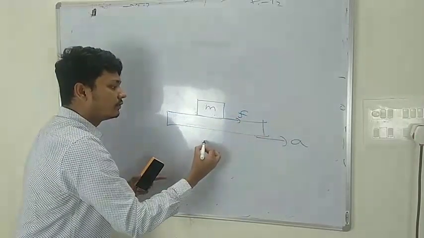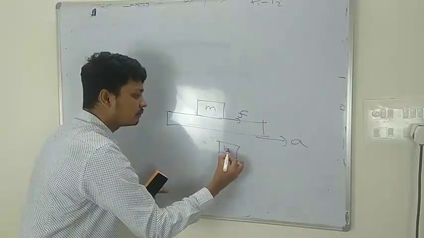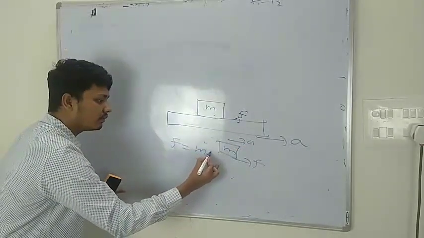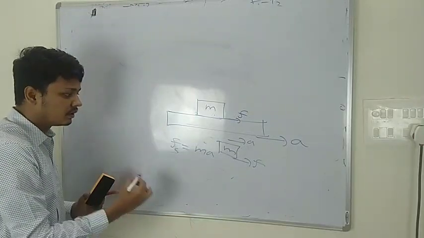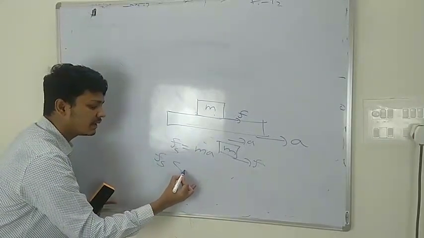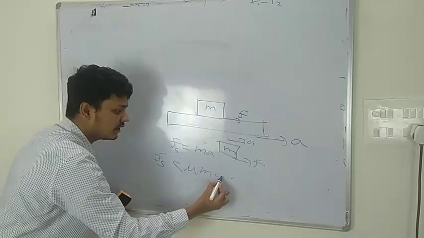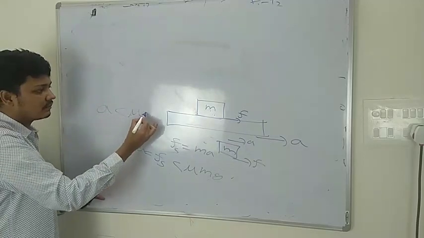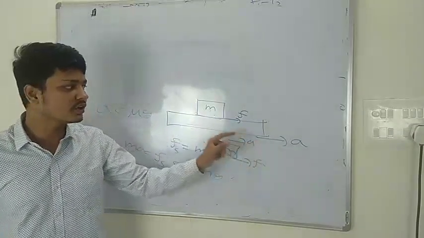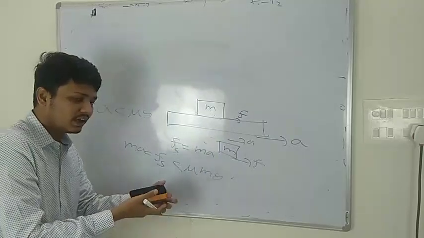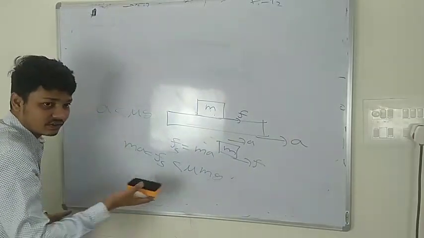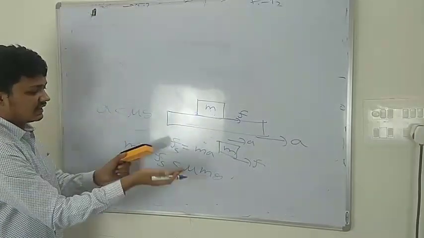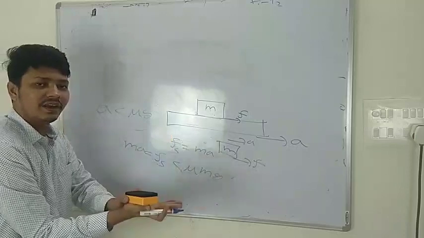As the block is moving with acceleration a, we can write F is equal to ma, where F is the static friction. But this static friction must be less than the limiting friction, mu mg, and static friction is ma. So when a is less than mu g, there is no relative motion. But if I increase the acceleration of my hand more than mu times g, then there will be relative motion between the duster and my hand.